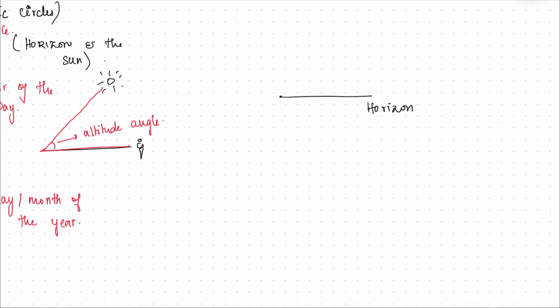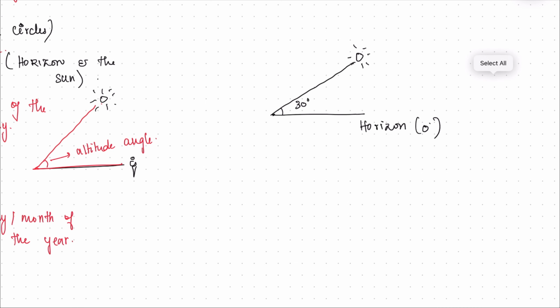And let's say your sun is somewhere here, at 30 degrees. Your zenith is at the top, at your head basically. So zenith is this, and your zenith angle is this.